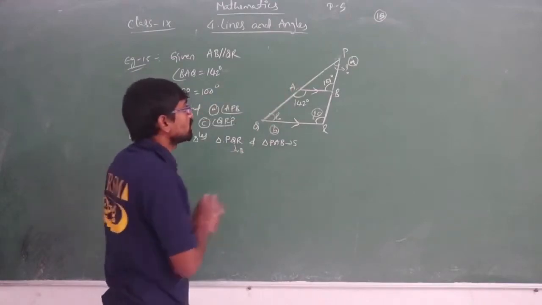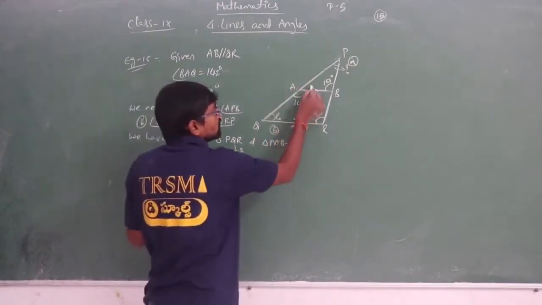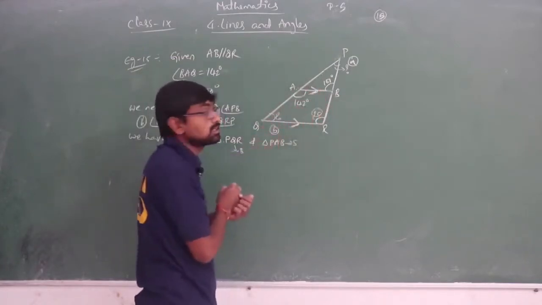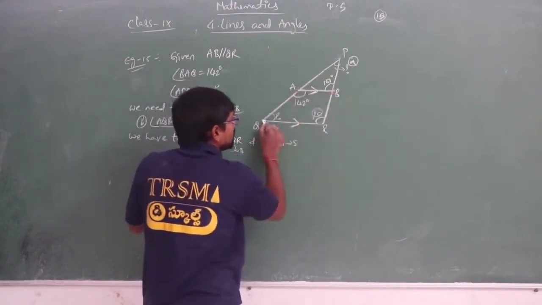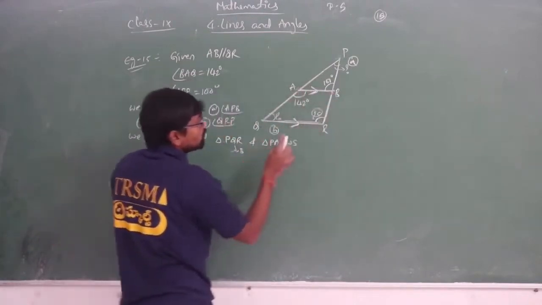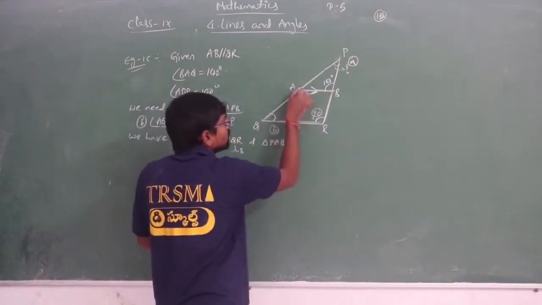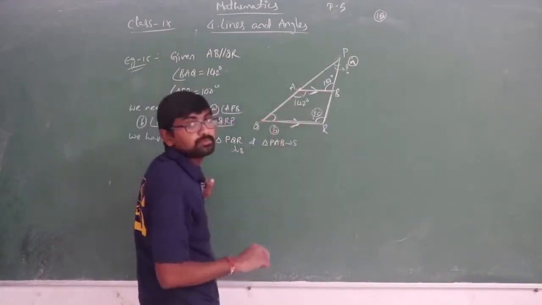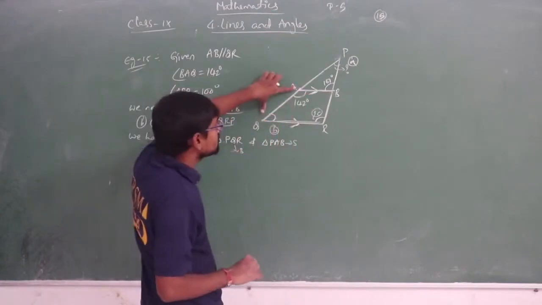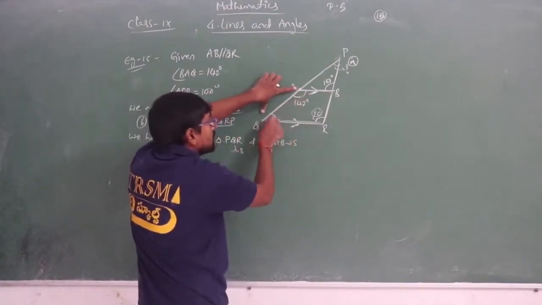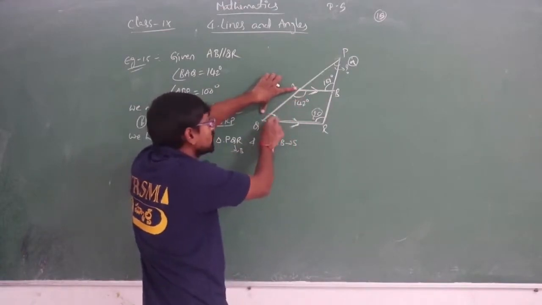You can see that these two lines are parallel, AB is parallel to QR. For finding the Q value, first I will take this as a transversal. He has given 142 here, and here we need to find.